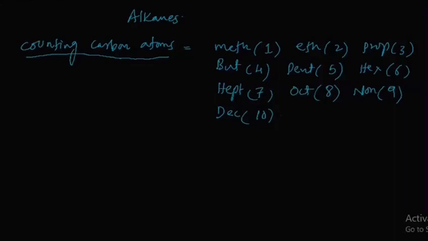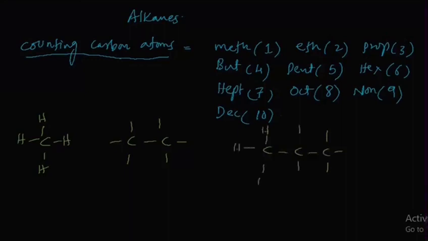Now, if I draw the structure like this, as you can see there is one carbon. Now there is another structure. It contains 2 carbon. Then the alkane having 3 carbon. Just make the hydrogens tetravalent, because carbon is tetravalent: carbon can make 4 covalent bonds and hydrogen can make 1 covalent bond.